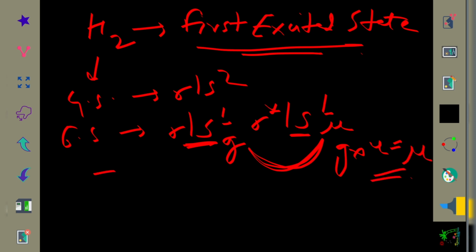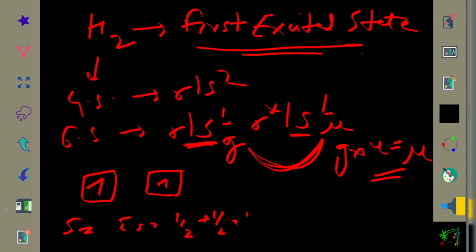Now you have two electrons like this. So what will be the total spin? The total spin will be the summation of plus half and plus half, which is 1. In that case 2S plus 1 will be 3. The L value is obviously 0 for both, so lambda is 0.